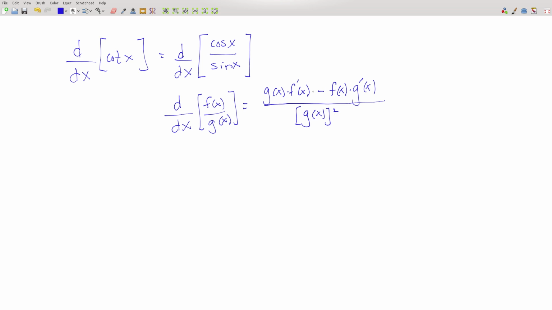So let's apply this quotient rule to what we have here.